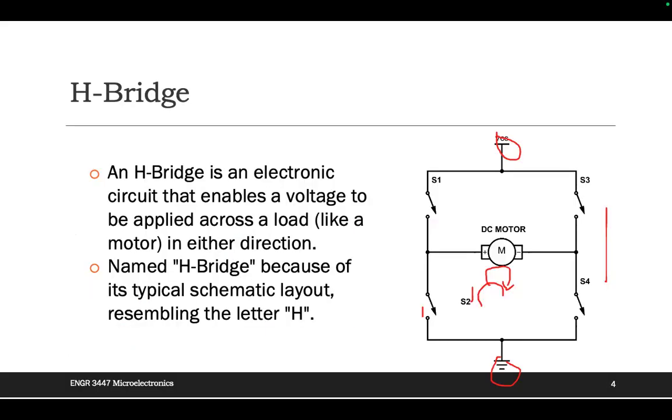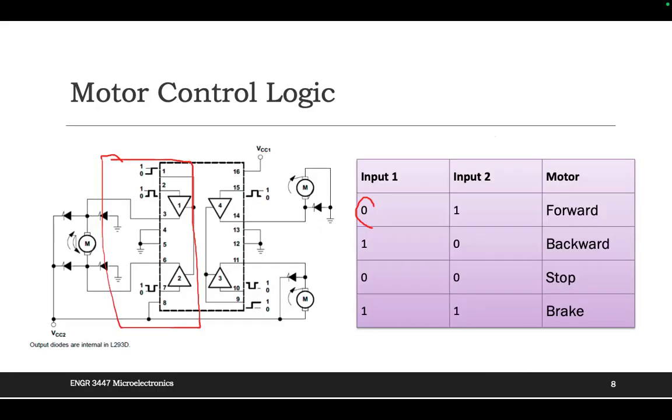In this H-bridge, this direction is input 1 and this direction is input 2. So this direction is disconnected and only one direction works, and in this state the motor will go forward. And the opposite, when this is 0 and this is 1, it is backward, which means the direction will be opposite. Does that make sense to you?